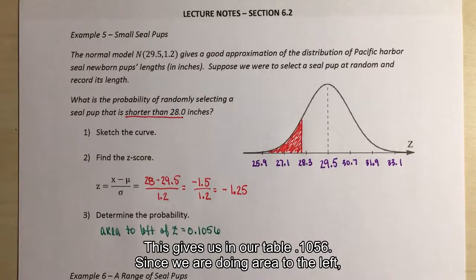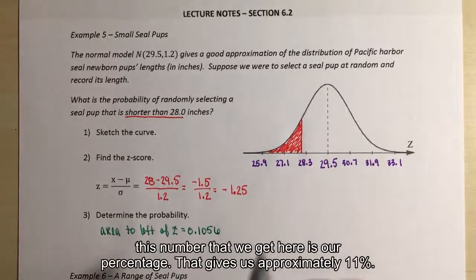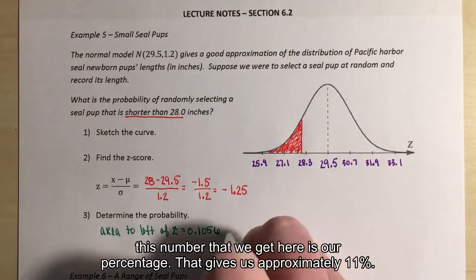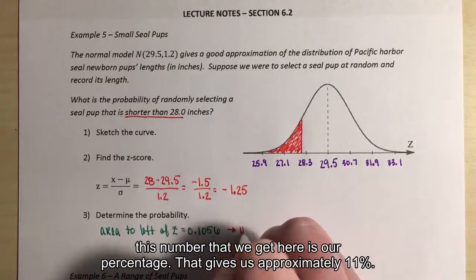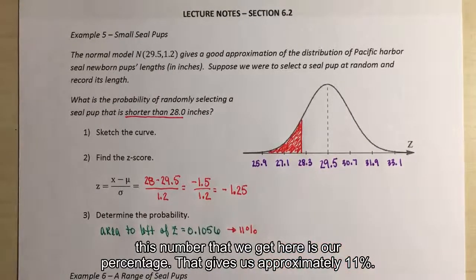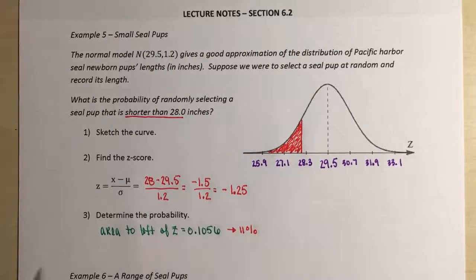Since we are doing area to the left, this number that we get here is our percentage. So that gives us approximately 11%.